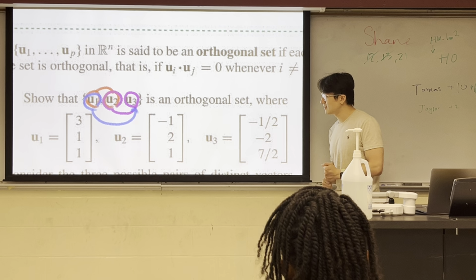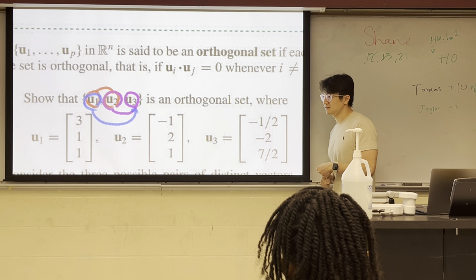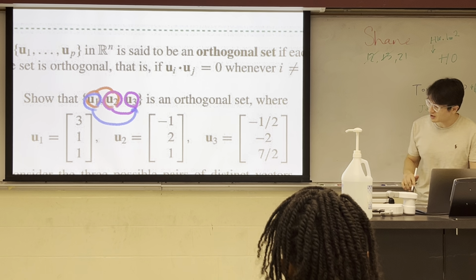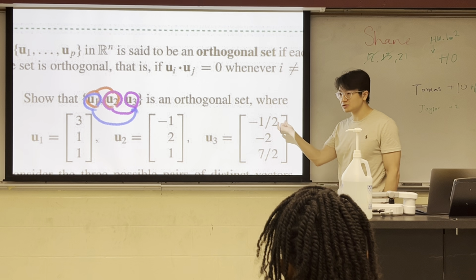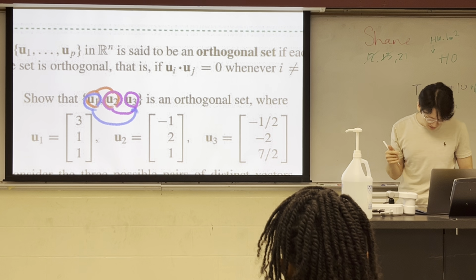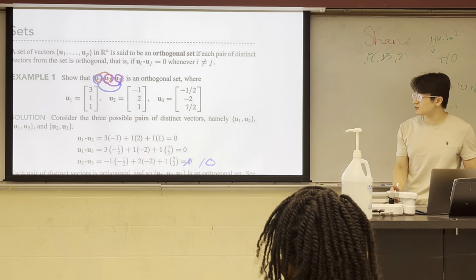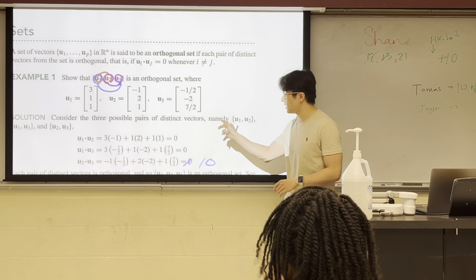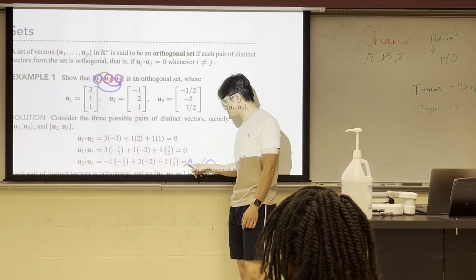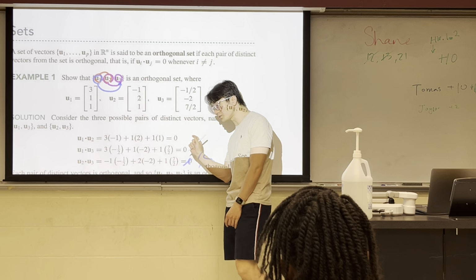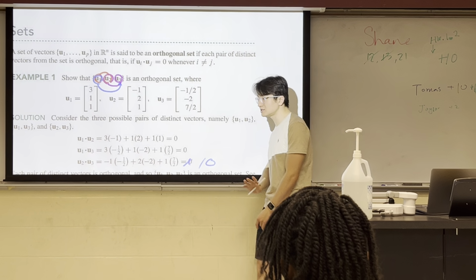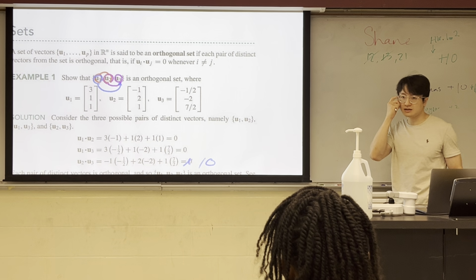So u1 to u2, u1 to u3, u2 to u3. Oh, thank you, David. So you have to test each pair, every possible pair. You compute the dot product of each pair and see if all of them are zero. If one of them is not zero, then it's not an orthogonal set. Okay?